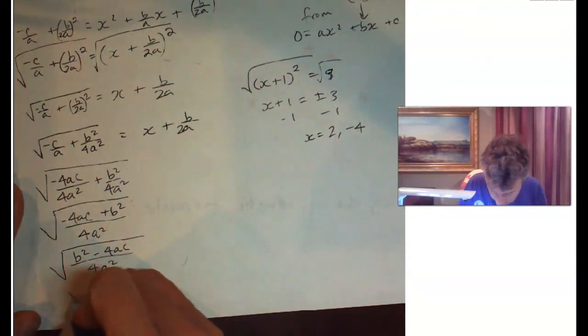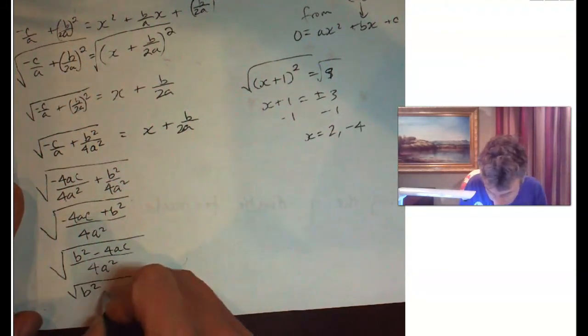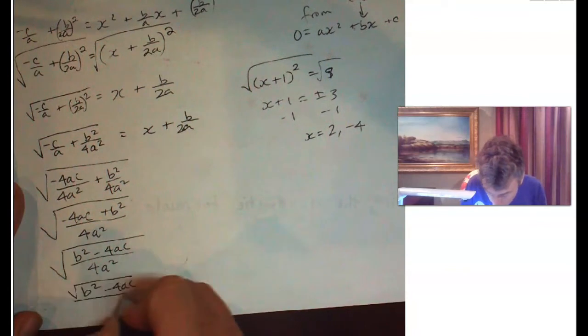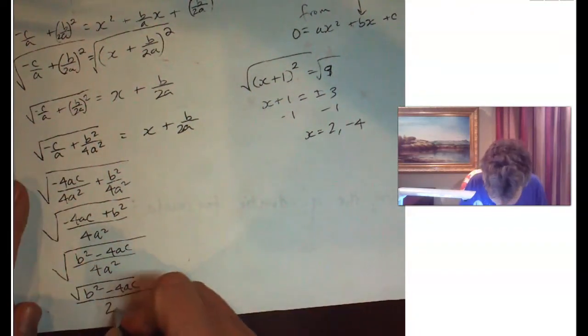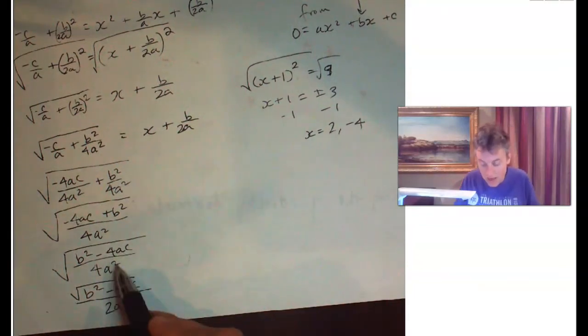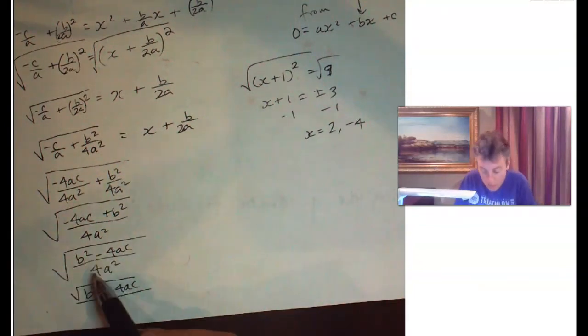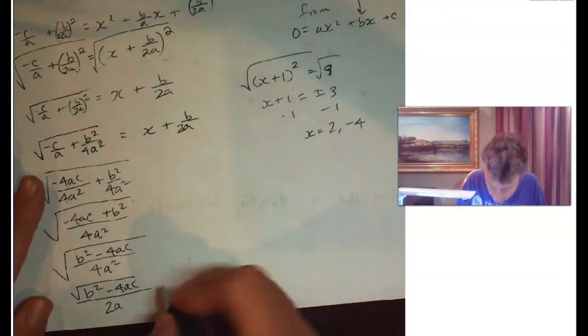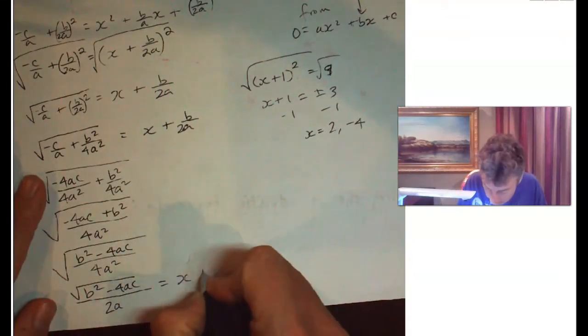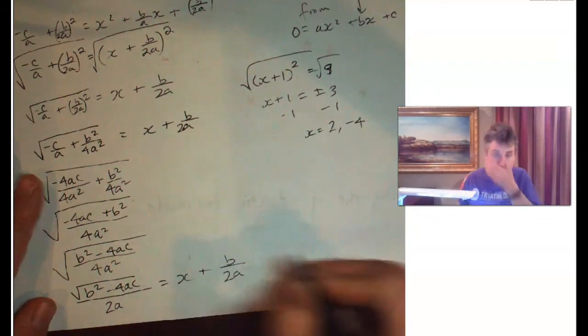So this is square root of b squared minus 4ac all over, not under a square root, 2a, because 4a squared is 2a squared. So if I square rooted 4a squared, I would get 2a. All of this equals x plus b over 2a.